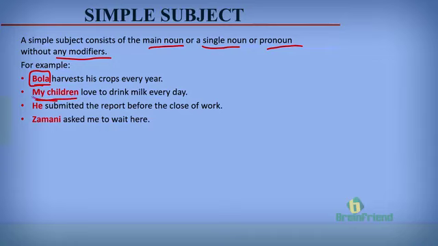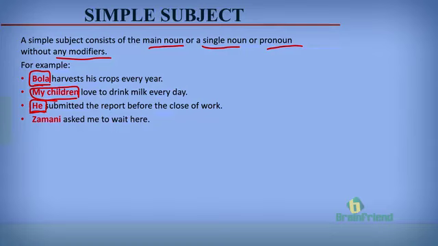This also consists of one noun, so it is a single subject. And we also have, he submitted the report before the close of work. Here, the subject of this sentence is the pronoun he. So we see here that we have just one pronoun, which stands as the subject of that sentence.